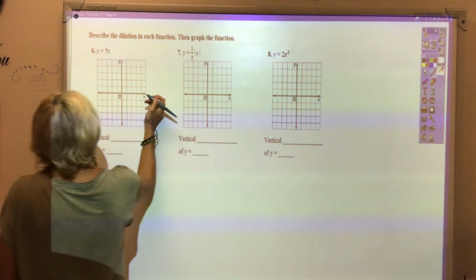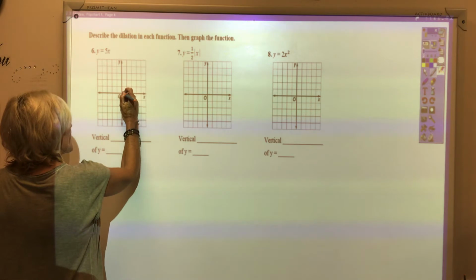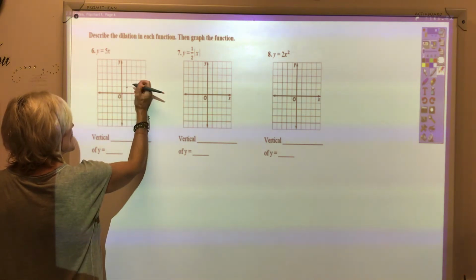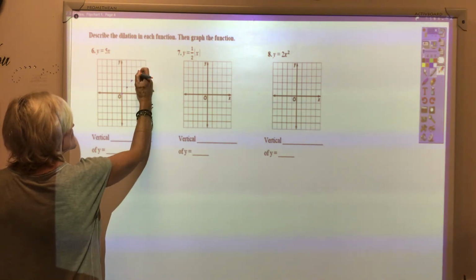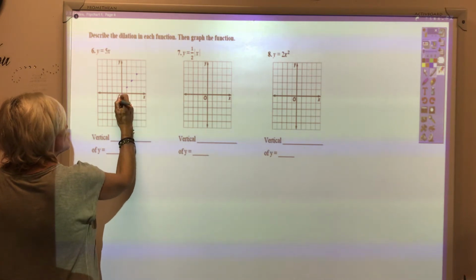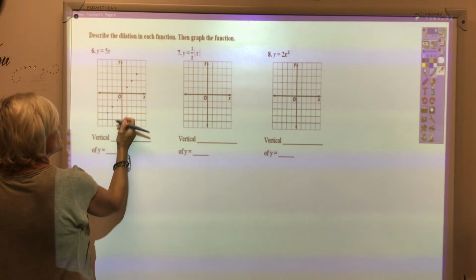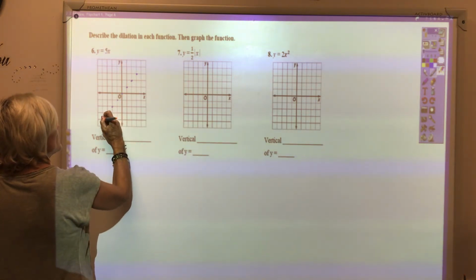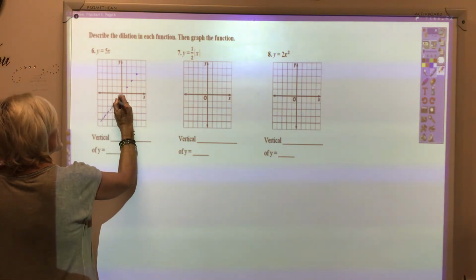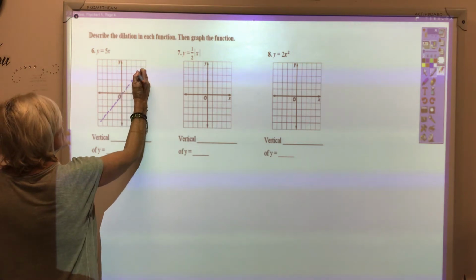That would be when x is 0, y is 0, x is 1, y is 1, 2, 2, 3, 3, negative 1, negative 1, negative 2, negative 2, negative 3, etc. So dotted line for the parent function.